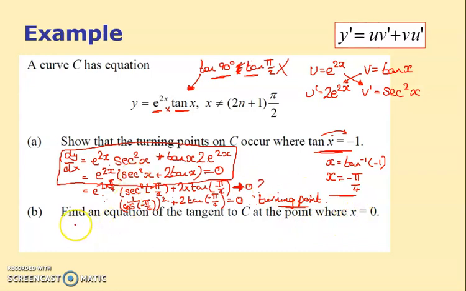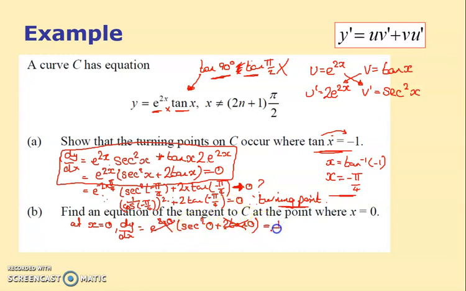So if I do that, at x equals 0, I'm going to write dy by dx equals e to the 2 times 0 sec squared of 0 plus 2 tan of 0. Now the one thing I know is that tan of 0 is 0, so that disappears. e to the 0 is 1. So I can ignore that, it's 1 times. So really it's sec squared of 0.